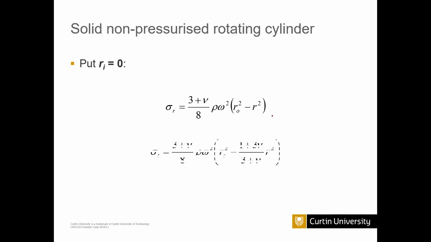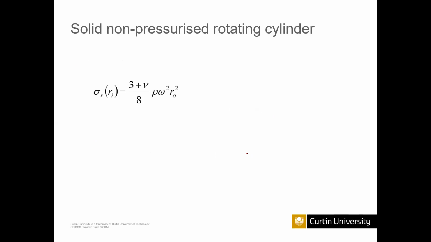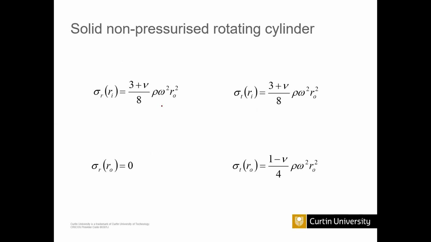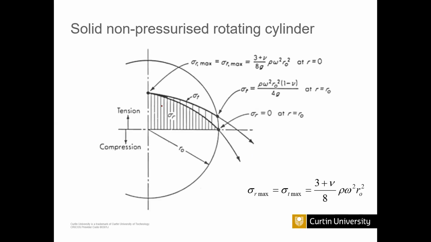And sigma t, the tangential stress, is only this one. With R equals Ri you can simplify this much. R equals R naught, this one. So this is the boundary condition applied to the equation.